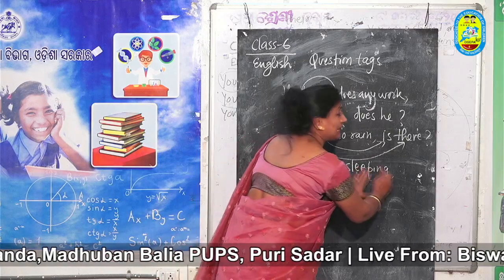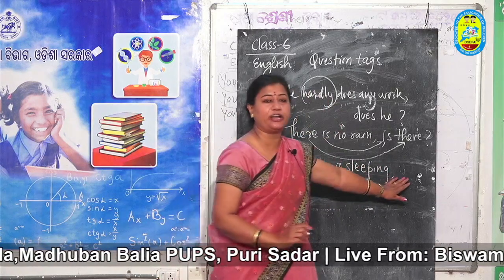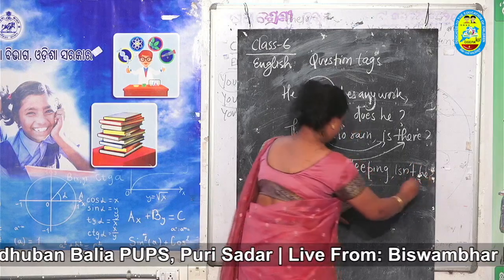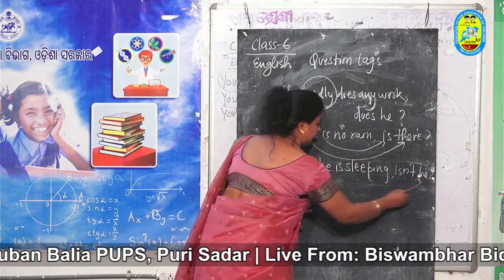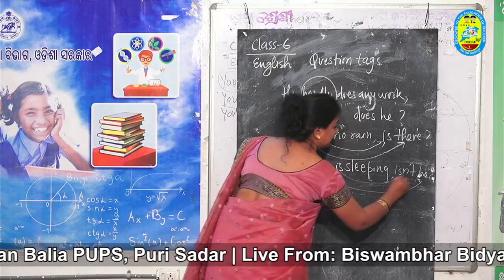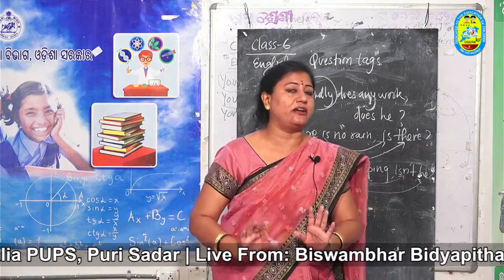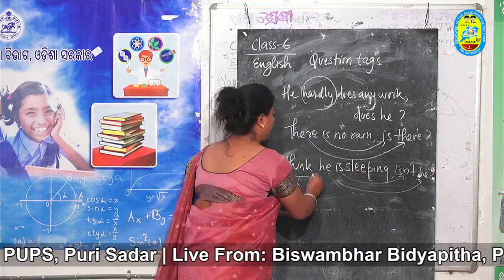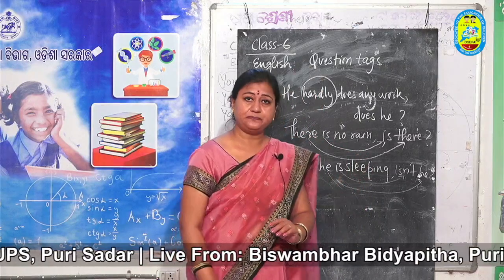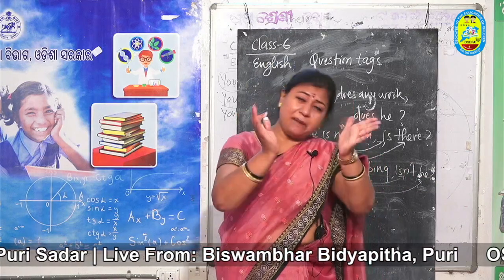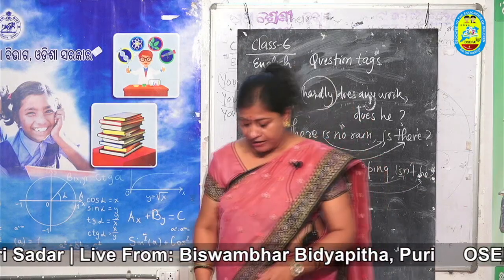He is sleeping is what we look at to make the question tag. Isn't he? He is. In place of he, he remains, and is becomes is not. We do not notice "I think". I think, comma, he is sleeping. Isn't he? So this is rule number 3: the question tag is made from the main part of the sentence.